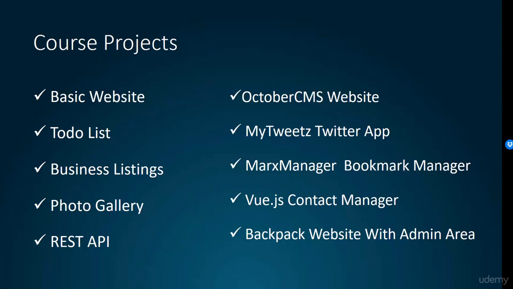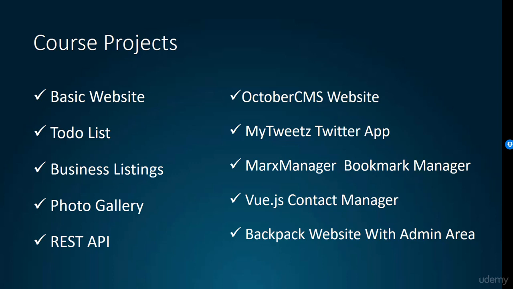So these are the projects that we'll be creating. Now, my goal with this is to create projects that use different technologies along with Laravel, because I don't want this to be repetitive. I don't want every project to be the same, just switching up the resource. So in the first project, we're going to build a basic website with Laravel.